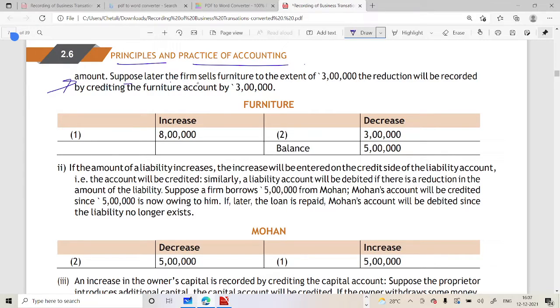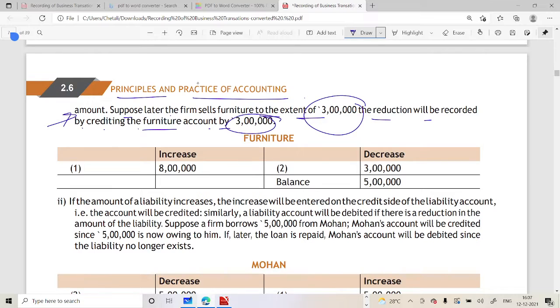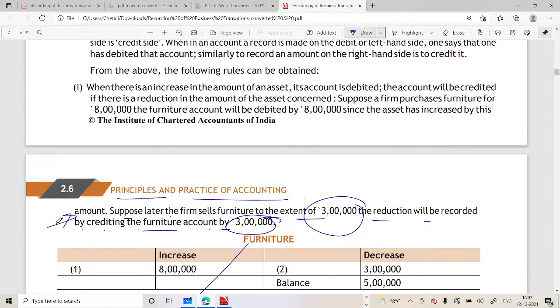Suppose if I sell furniture to the extent of 3 lakh, the reduction will be recorded by crediting the furniture account. The entire scenario you will have to read. When there is an increase in the amount of an asset, its account is debited. The account will be credited if there is a reduction in the amount of the asset concerned.